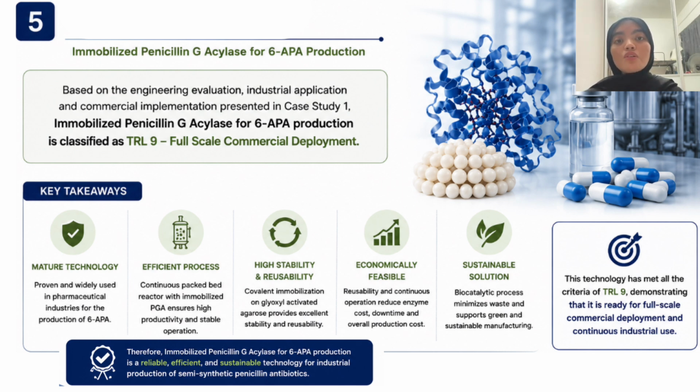Furthermore, the process supports sustainability through enzyme reusability and reduced environmental impact. Based on the technology readiness level framework, we conclude that this technology is classified as TRL 9, indicating that it has achieved fully scaled commercial development and is proven suitable for industrial pharmaceutical manufacturing.